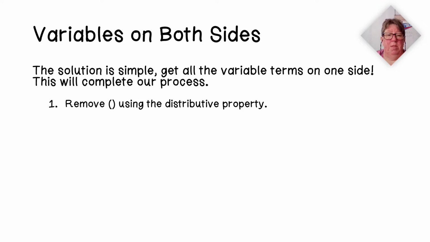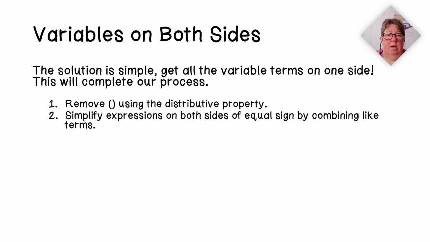So our first step is always going to be remove parentheses using the distributive property. So if your equation has parentheses, distribute them out. Number two, we're going to simplify expressions on both sides of the equal sign by combining like terms.